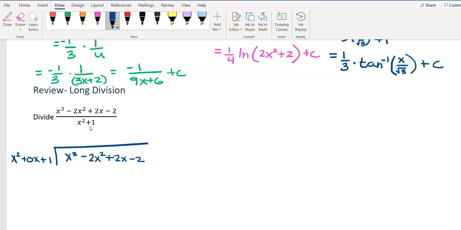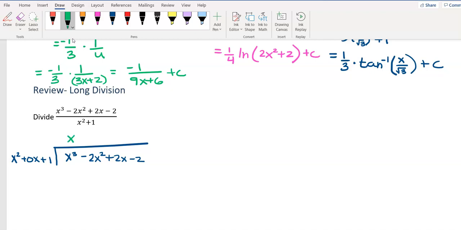Okay, so now we have everything represented. The next step is just going to be like when you did long division with just plain numbers. We are going to say, okay, well, in here I have an x cubed. My leading term here is x squared. So x squared times what gives me x cubed, and that's going to be an x.